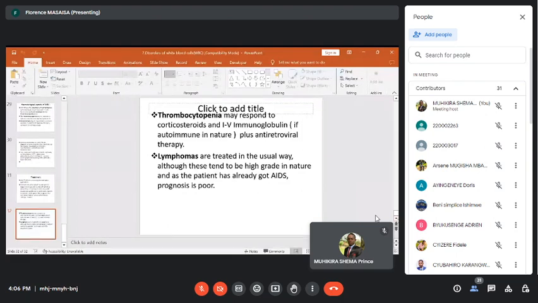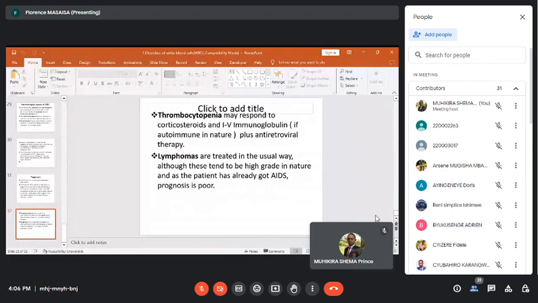Thrombocytopenia is mostly immune induced. You can give steroid or IV immunoglobulin plus antiretroviral. Then if there is a lymphoma, the patient can be treated with chemotherapy as required by the treatment plan.